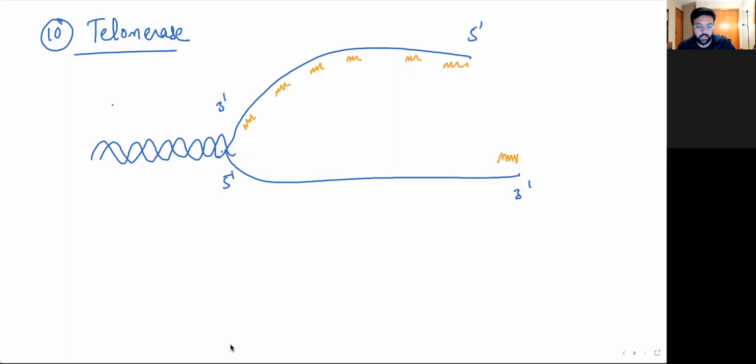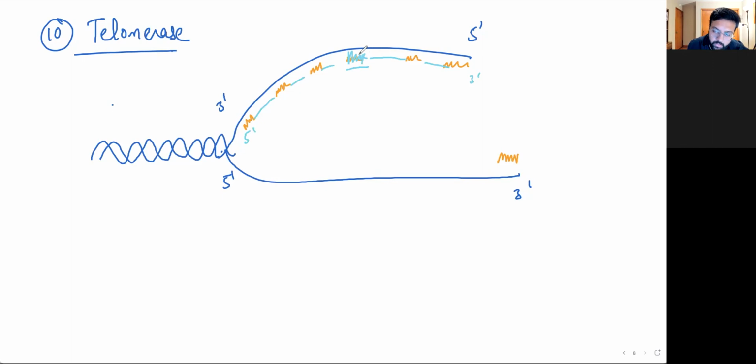And I said DNA polymerase 1 can delete this primer and add a strand of nucleotide. But it can only add if you are having some attachment. So remember, this is 5' to 3', right? So you are adding DNA in a 5' to 3' fashion.